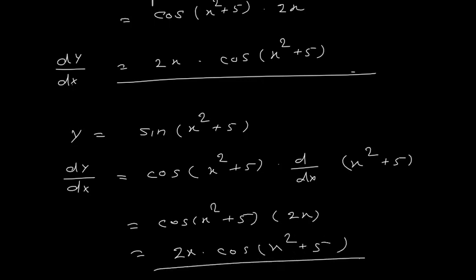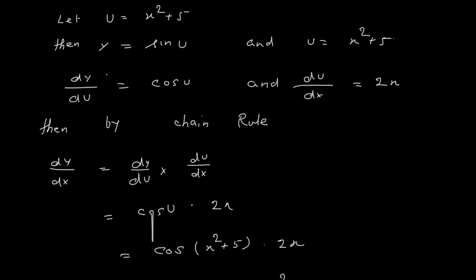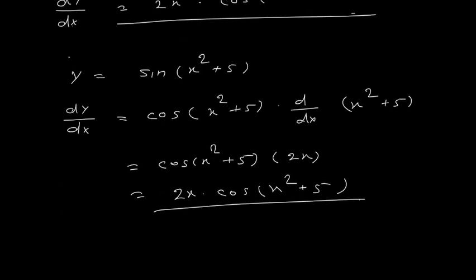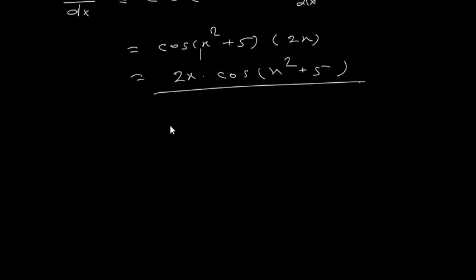Indirectly you have applied the chain rule in this problem. Both ways are okay, but the second method is a little easier to understand, and as you see more and more problems, you will find that this is quite an easy way to solve problems using chain rule. Now let us see the second question.